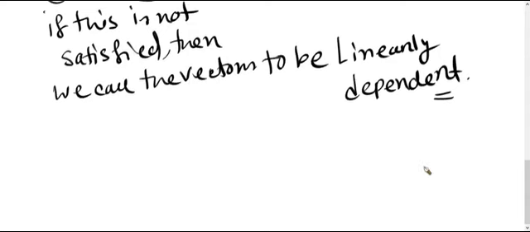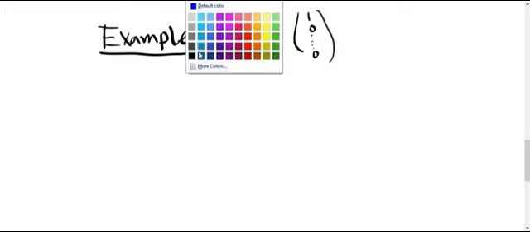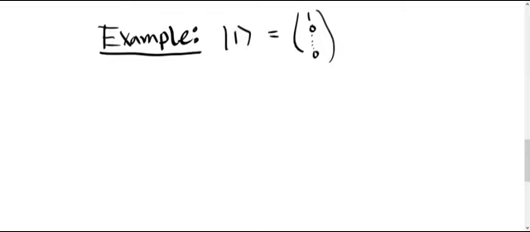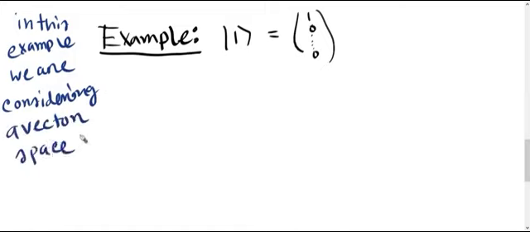Now let's see another example. In our example, we want to take v1 as a column vector, and we are considering a vector space over K^n.